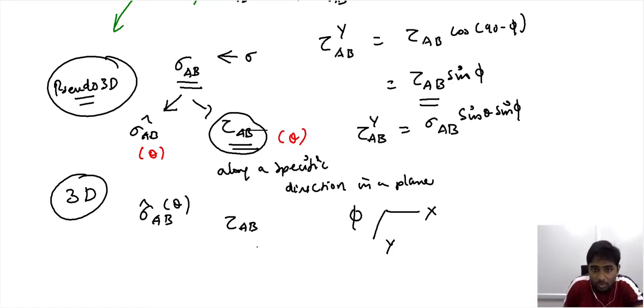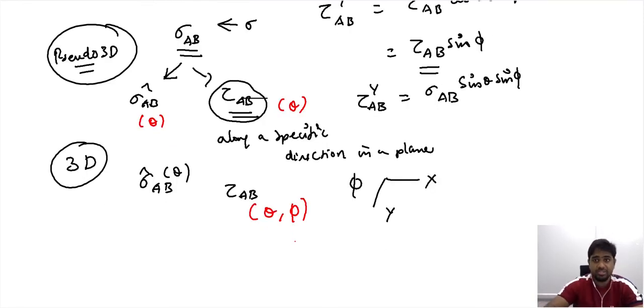So therefore, we included a new angle phi, and now this shear component of the stress is dependent on both theta and phi. And ultimately, we have arrived at an expression that shows that within the plane, there are two possible ways of describing the shear stress, and you have two components of shear stress. Even for a three-dimensional case, in addition to one normal stress, the shear stress can be differentiated into two components, and these have two distinct descriptions associated with it, and they vary with the theta and phi angle.